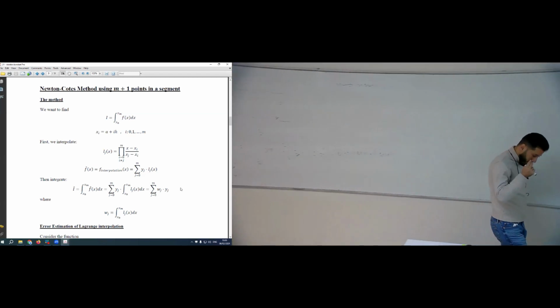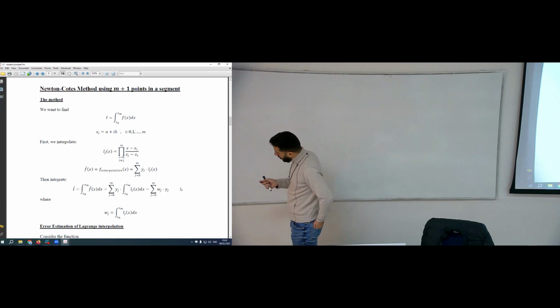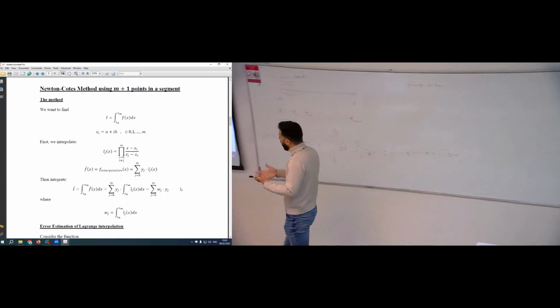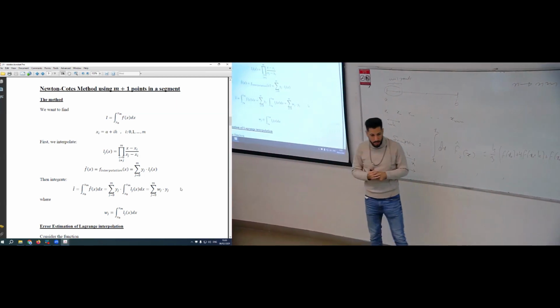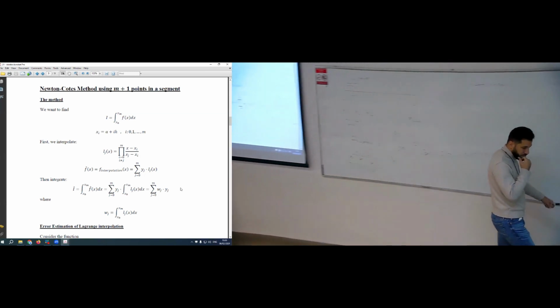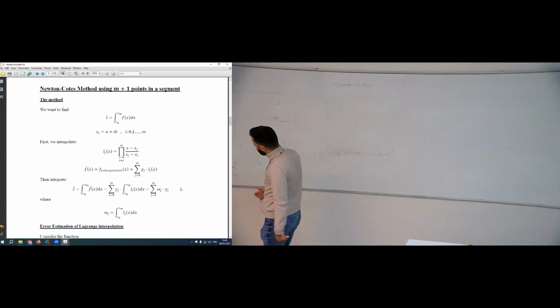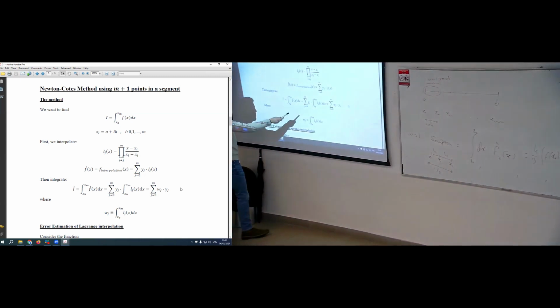And again, in interpolation, we assume that the y_j are the evaluations of the function at x_j, exactly. And how do we approximate the integral? We say that our approximation of the integral is the integration over this interpolated function.